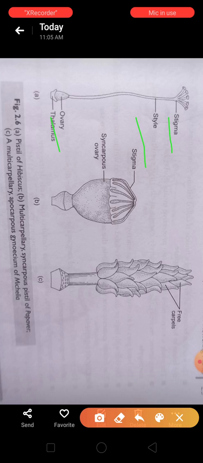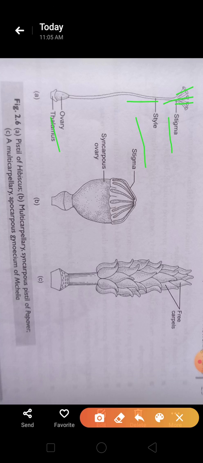The pollen grains from the male reproductive organ are shed and land on the stigma of the female reproductive organ, due to the action of wind, water and insects. Then through the style, they reach the ovary.